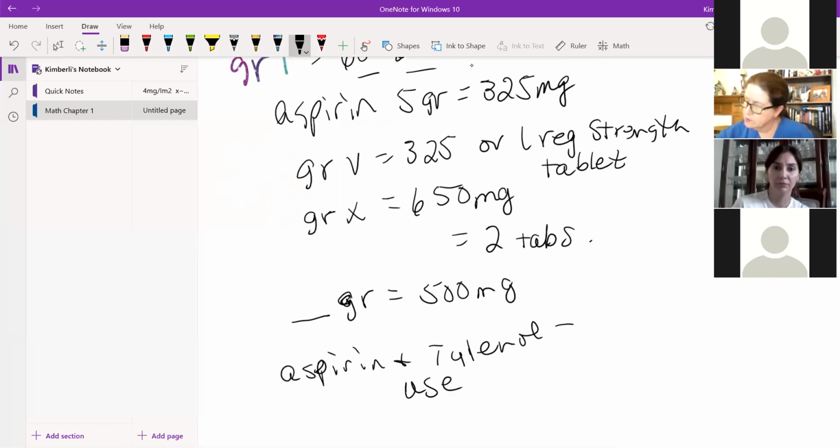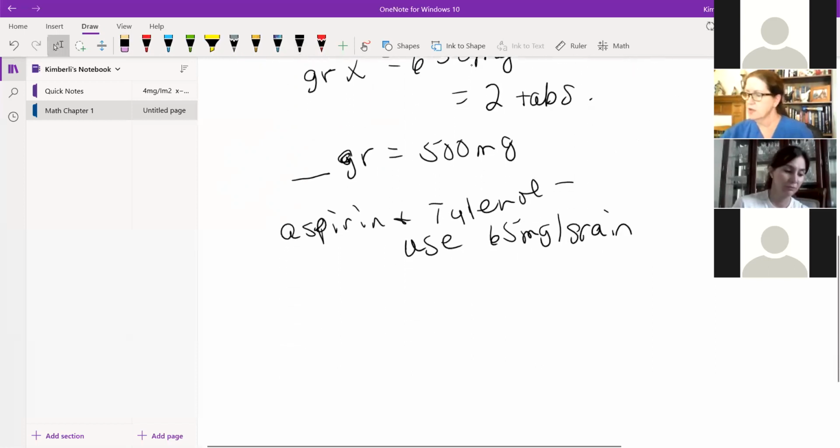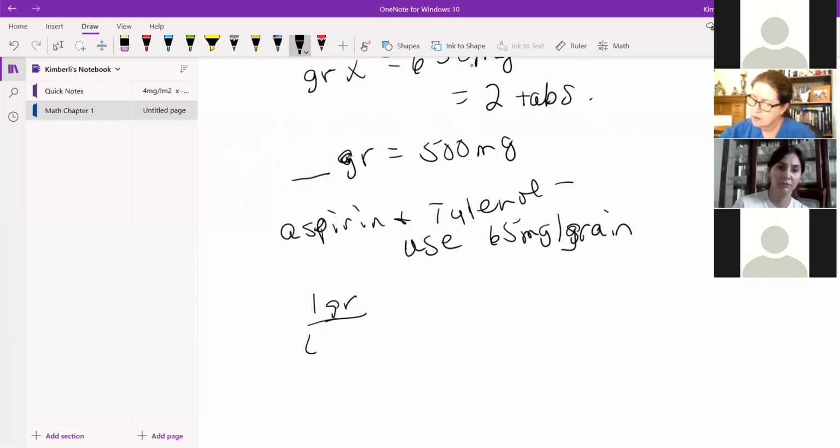We're going to use 65 milligrams per grain. Okay, so aspirin and Tylenol, we're going to use 65 milligrams per grain. So if we want to know how many grains it is, 1 grain is 65 milligrams, and we have 500 milligrams.